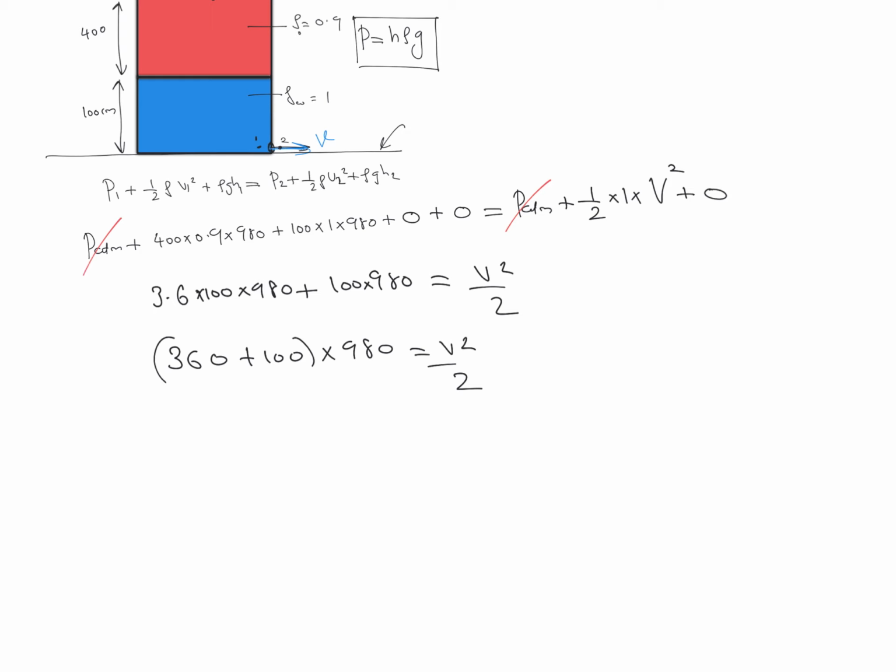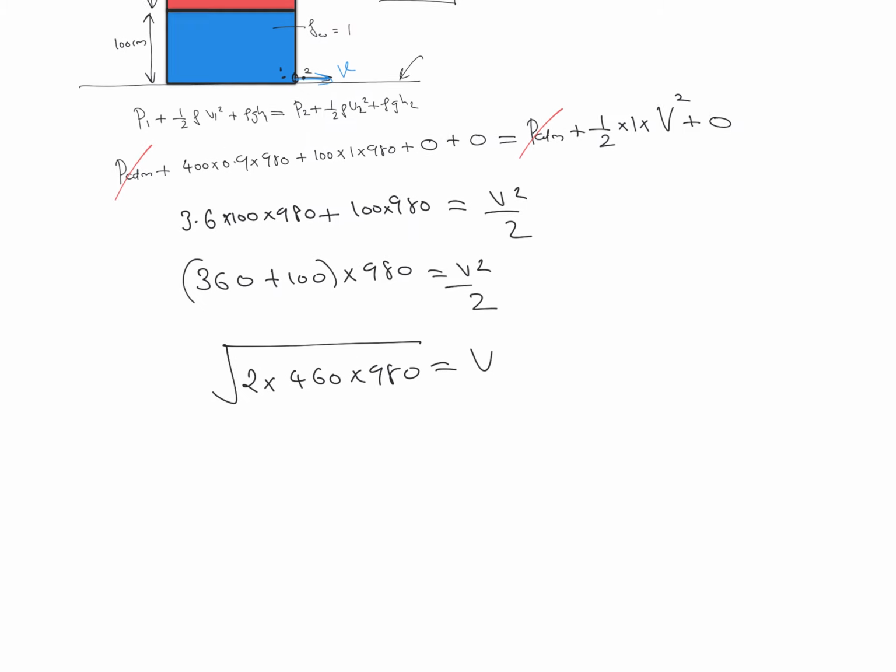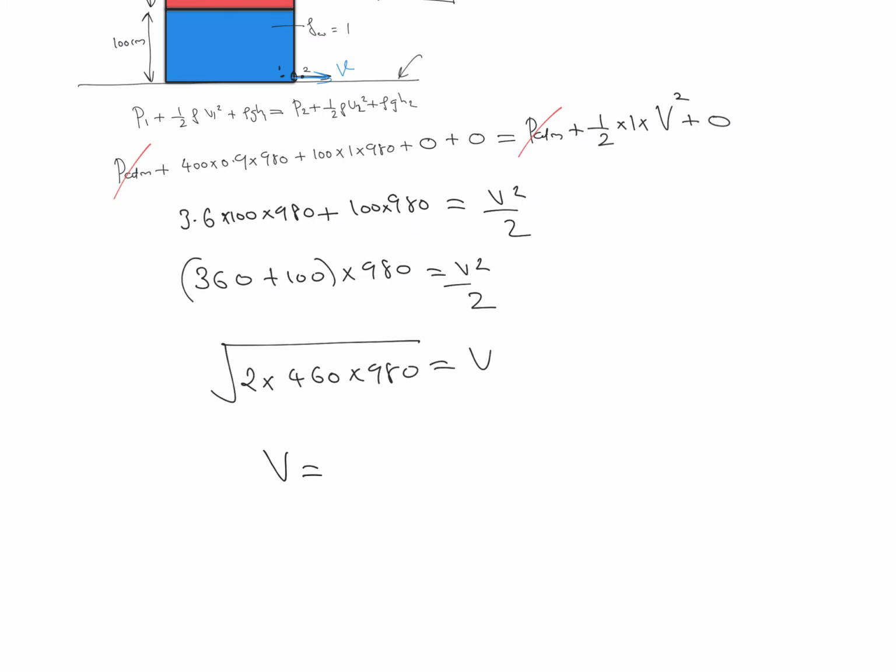So we can write this as 360 plus 100, that is 460, into 980 is equal to v square divided by 2. So v square is 2 into 460 into 980, and the square root of this is going to be the value of v. You can rearrange this as v is equal to the square root of 920 into 980. The square root of this will be the value of the velocity.